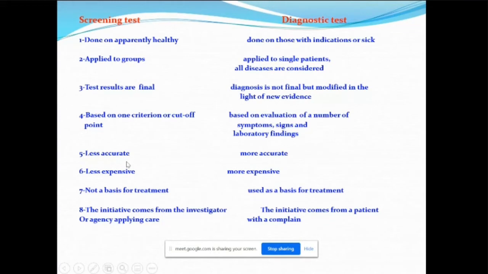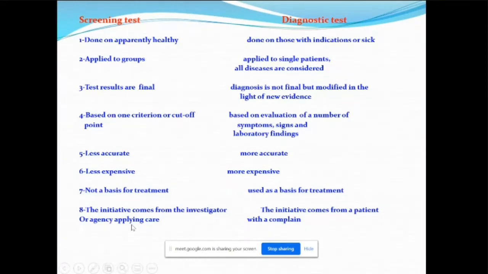The screening test is less accurate and less expensive than a diagnostic test. It is also not a basis for treatment, unlike a diagnostic test; if positive, we can of course give treatment to the patient.